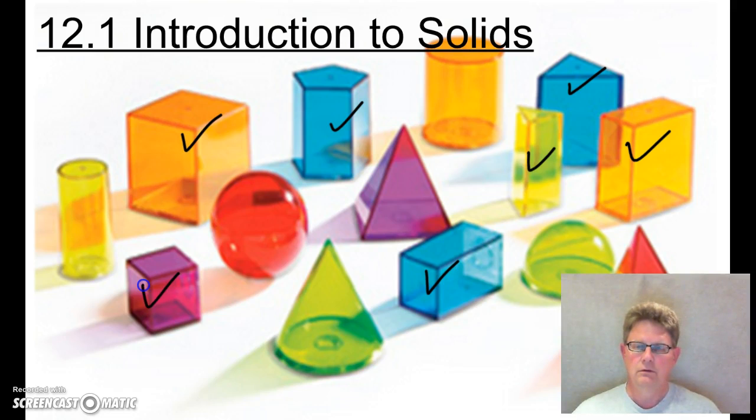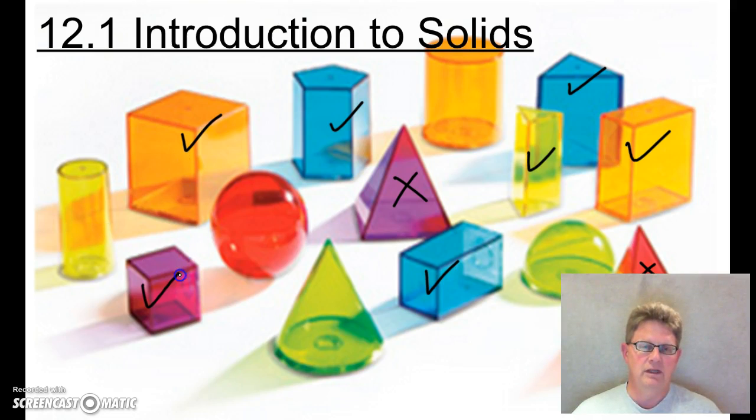There. All of those are polyhedra. The next set are also polyhedra. The special name for those polyhedra are pyramids. And then the rest of them that I haven't marked at all, those solids are not polyhedra.